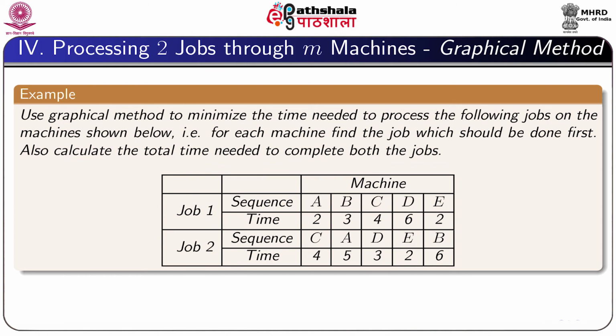The sequence for job 1 and the sequence for job 2 are shown in this table, as well as the processing time on machines A, B, C, D, E for job 1 and the processing time for machines C, A, D, E, B for job 2.